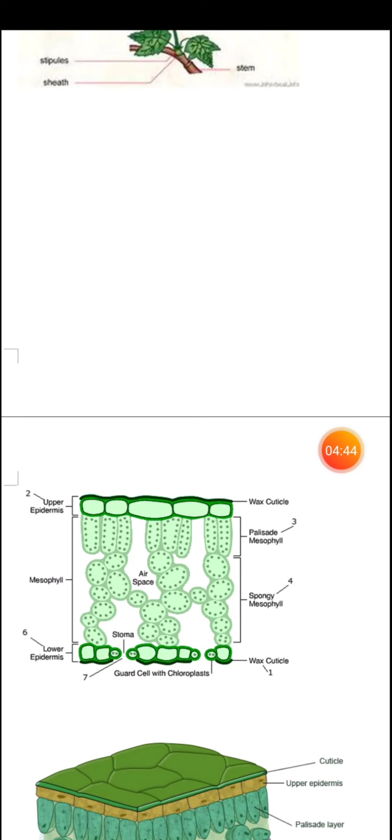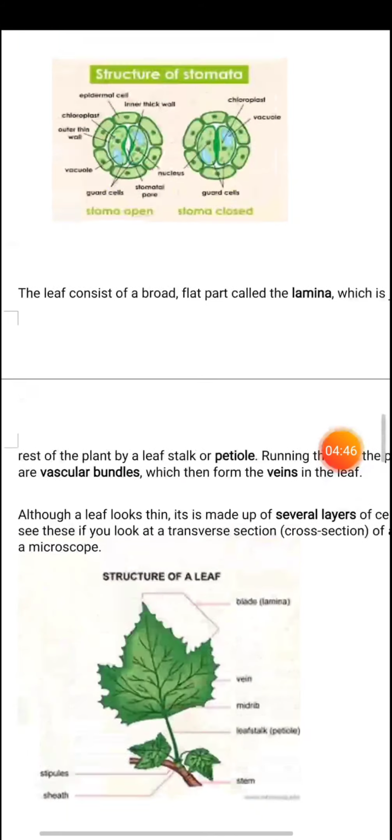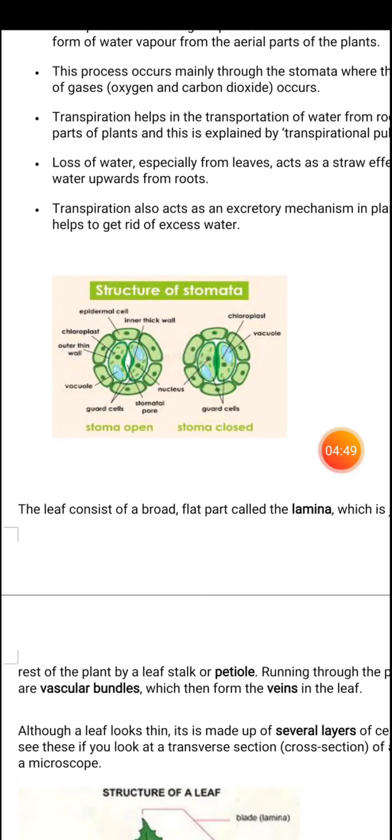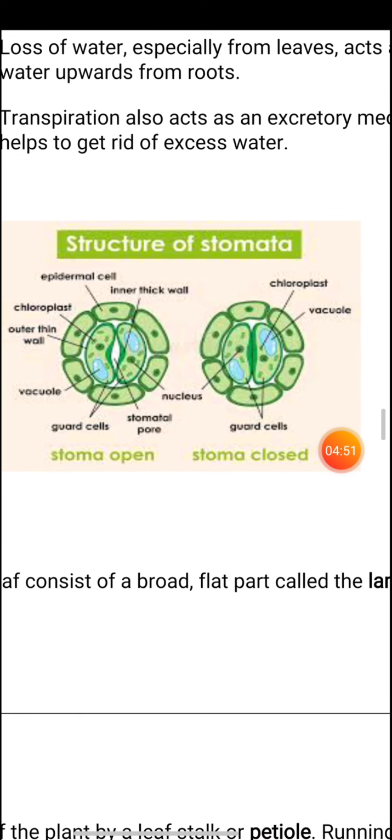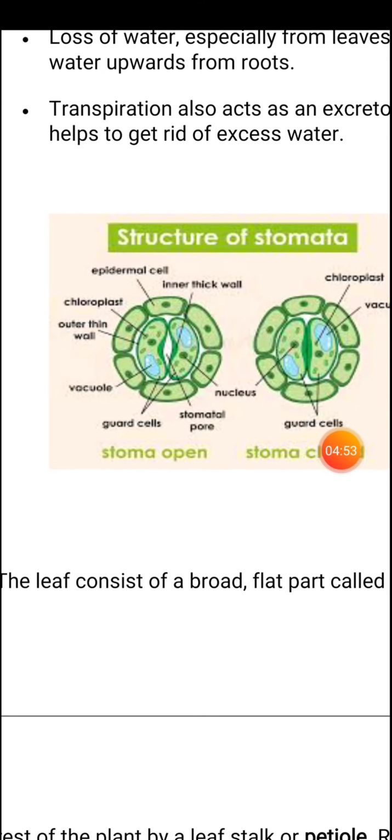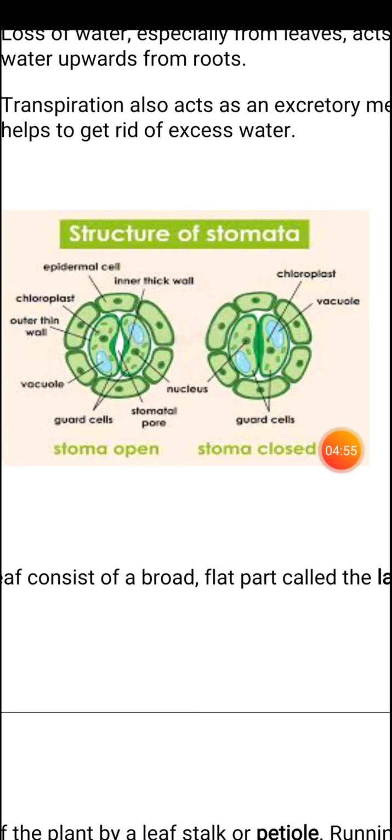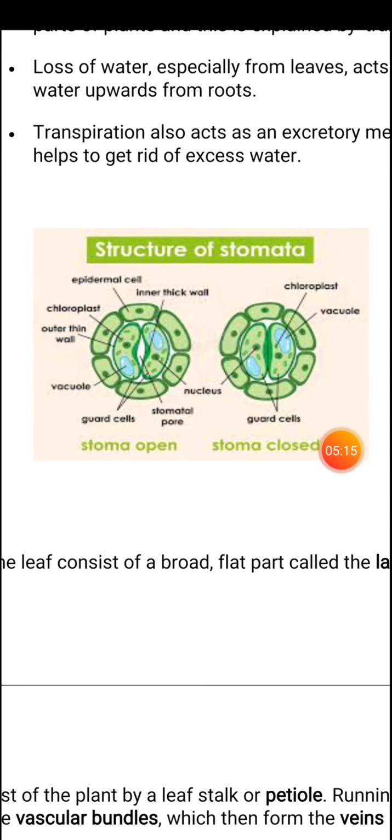And when you see the structure of a stomata, we can see like this. That is, it is guarded very specially because this is the entry point through which water and carbon dioxide enters. Then water and oxygen moves out. So this should be guarded very properly.